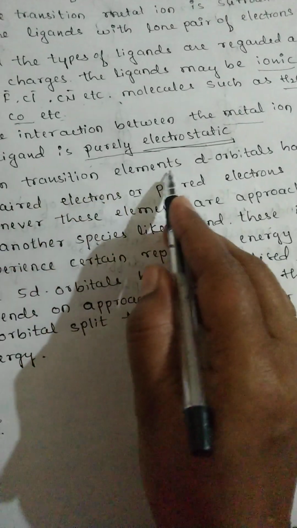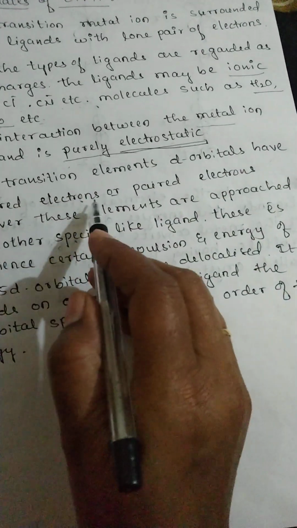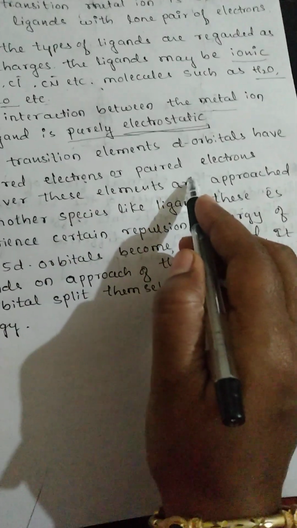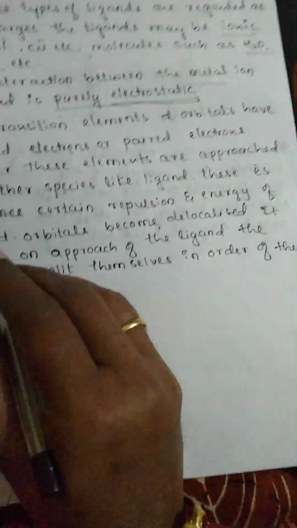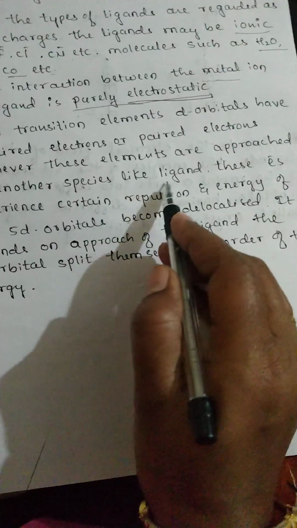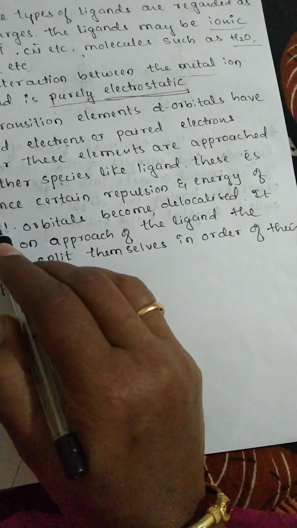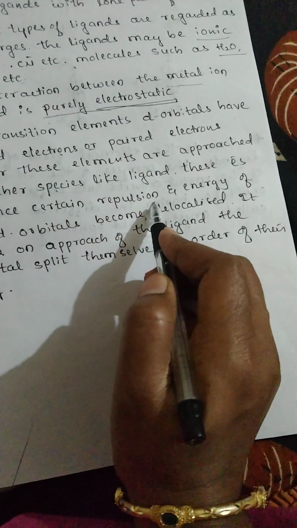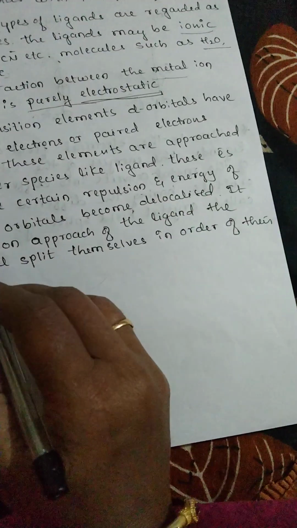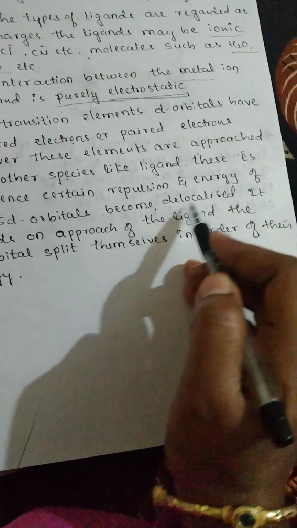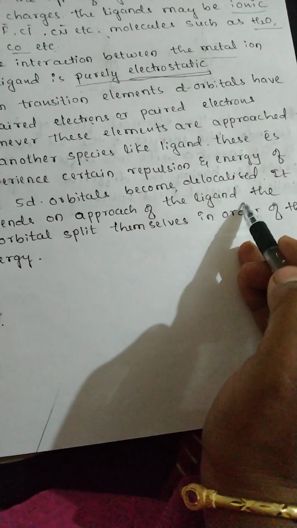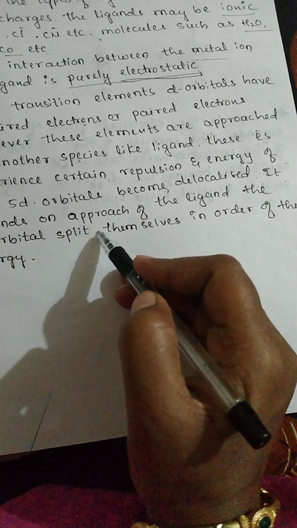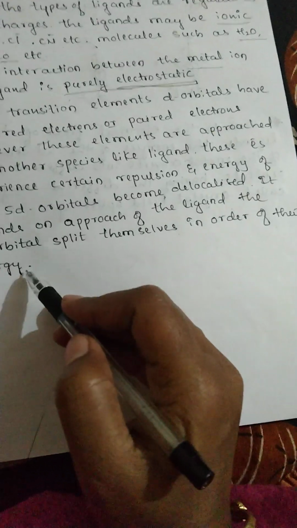The next one: in transition elements, d orbitals have unpaired electrons or paired electrons. Whenever these elements are approached by another species like a ligand, these electrons experience certain repulsion, and the d orbitals split themselves in order of their energy.